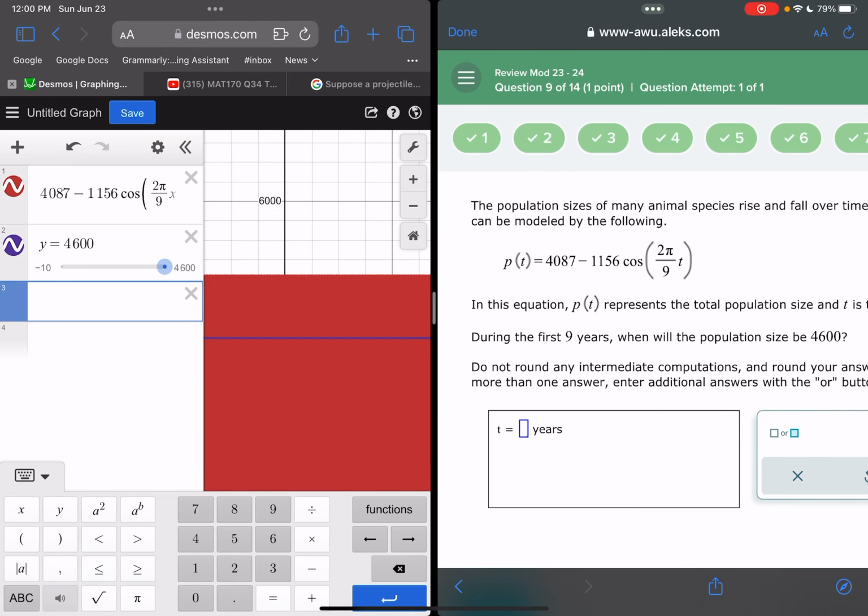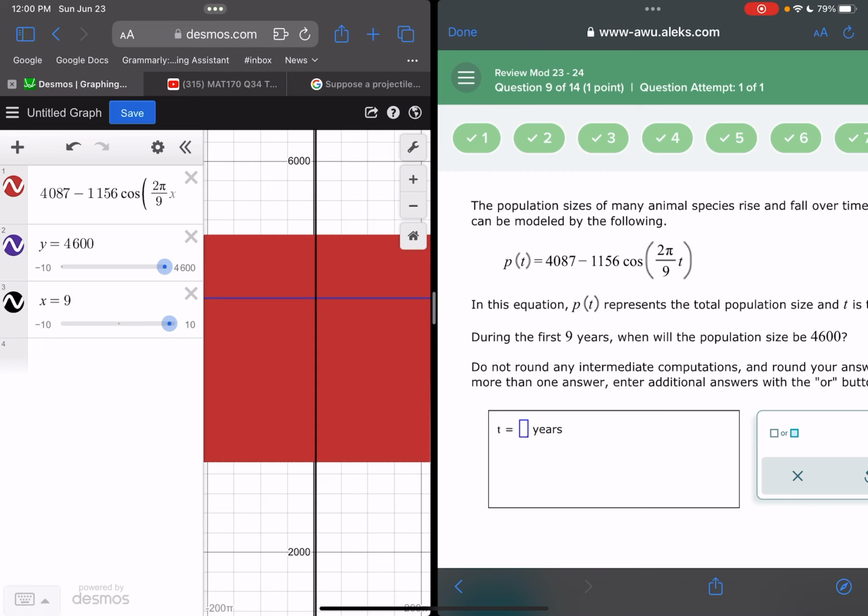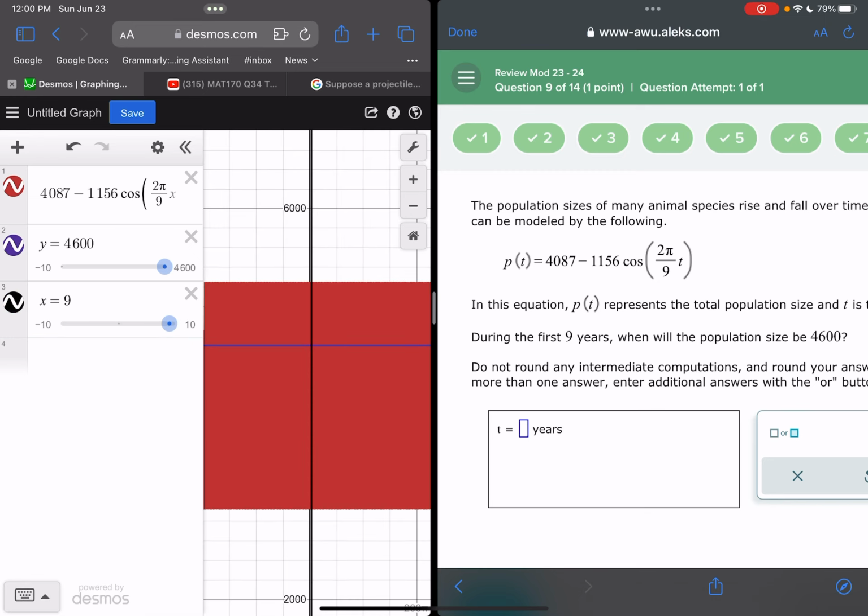I put X equals 9 for the sake of being able to visualize where it first reaches that population size, because we'll have to zoom in a lot, because obviously you can't see anything here.